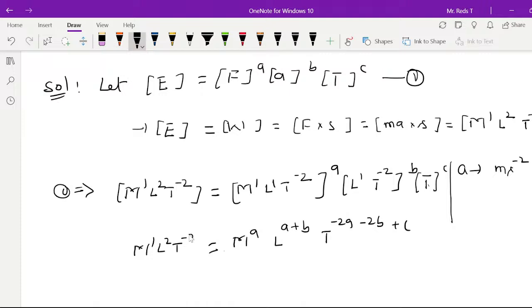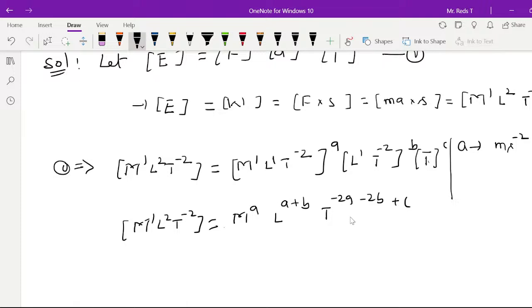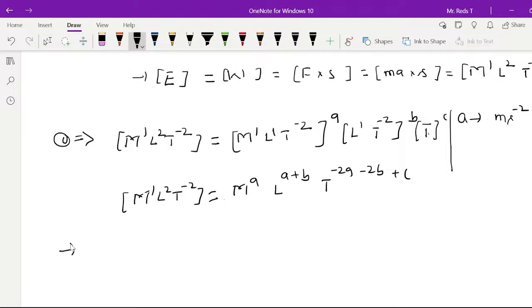Okay, if you compare this with the left side part, that is m power 1, L power 2, T power minus 2, then you can understand that m power a is equal to m power 1. On comparing powers on both sides, a will be equal to 1. This kind of question we have to practice, guys, otherwise you won't understand.